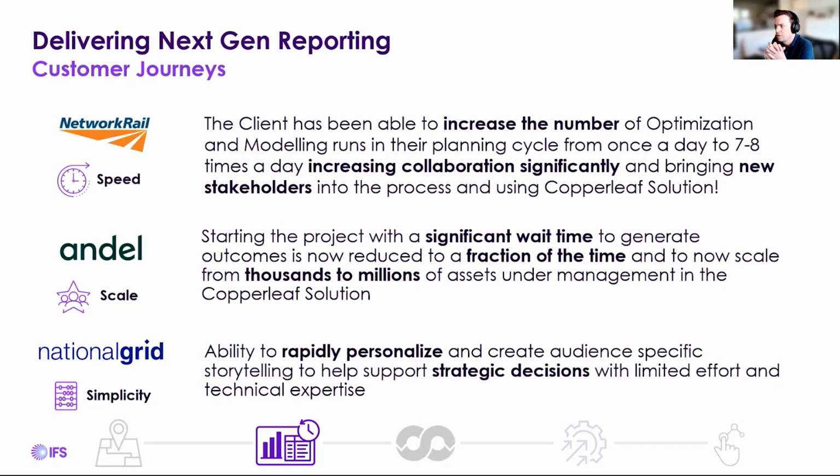So rather than one optimization run per day, with the speed of this data transfer now, that can be 7 to 8 times a day, including time to understand the results, understand the stories that might sit behind it, generate those visuals, and bring new stakeholders into Copperleaf. Those who might not be, say, typical investment planners. Instead, they're interested in the outcomes and the insights that those investment planners generate.